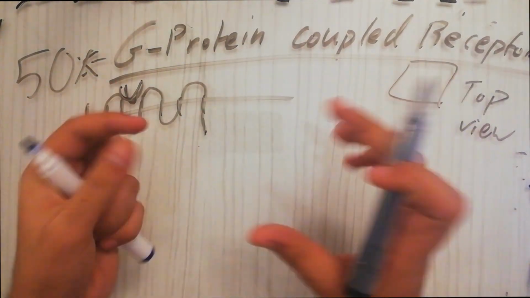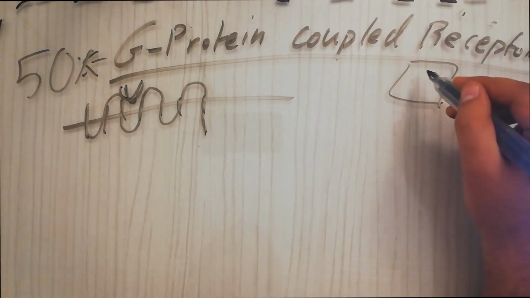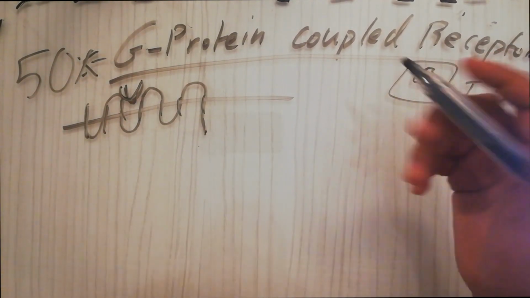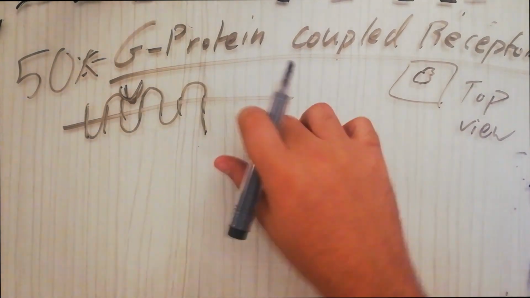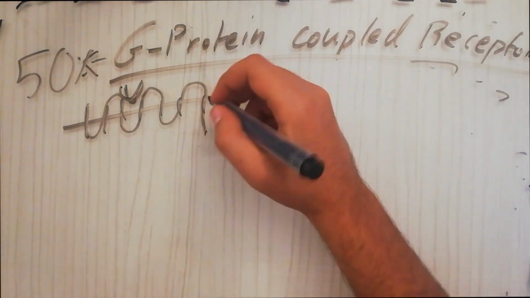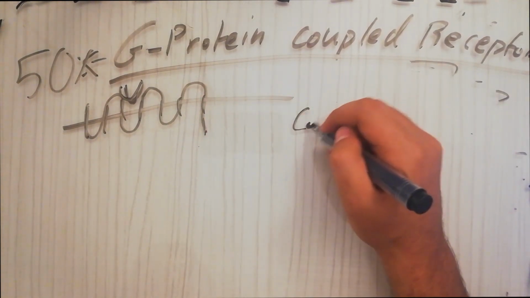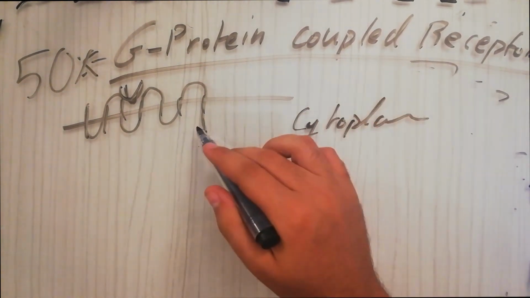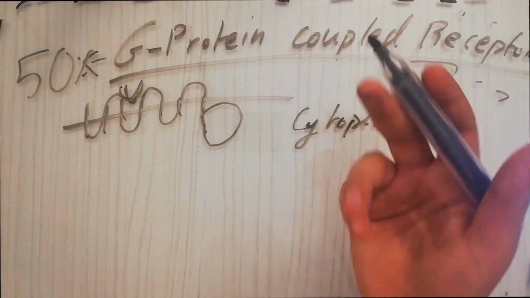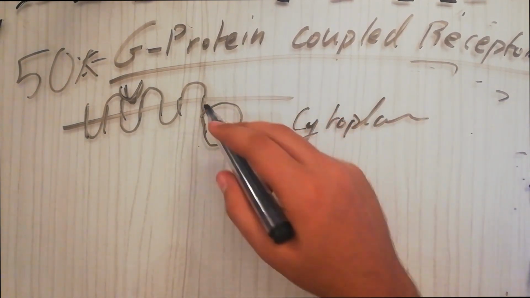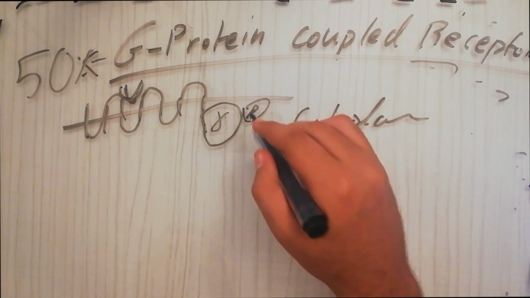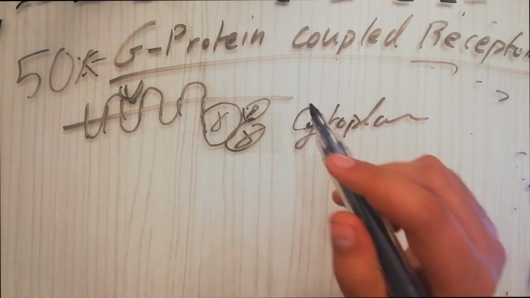If you were to take a top view of this receptor, it would look like it was forming a circle. Okay, so let's get back to the normal view of this receptor. On the cytosol side, it is linked to a G protein, or a GDP bound protein. This G protein is composed of 3 units: an alpha subunit, a beta subunit, and a gamma subunit.